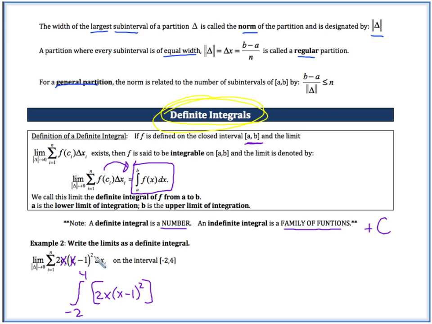Then this delta x sub i right here is going to become dx, just like that. Okay, so delta x sub i, the width of those rectangles, becomes dx. And so this now tells us to find the sum, from i equals 1 to n as the partition goes to nothing, of 2x times (x minus 1) squared on the interval -2 to 4.